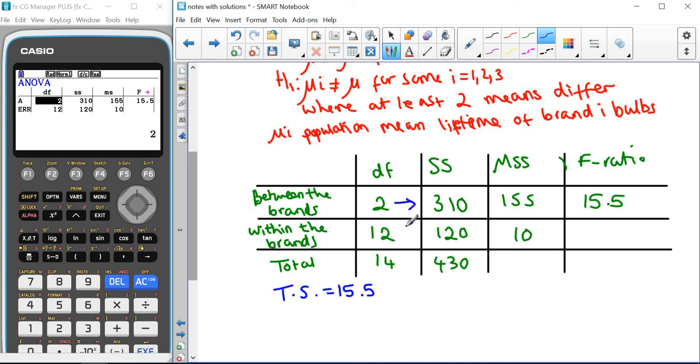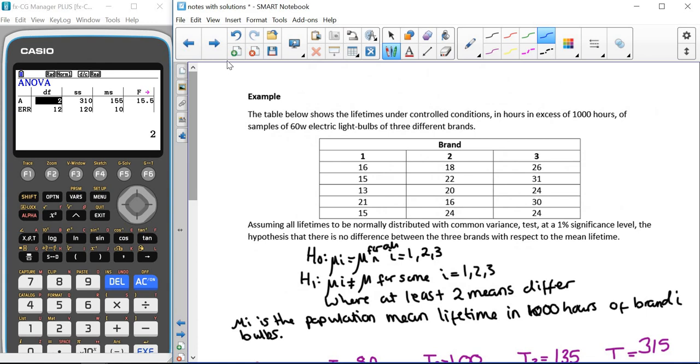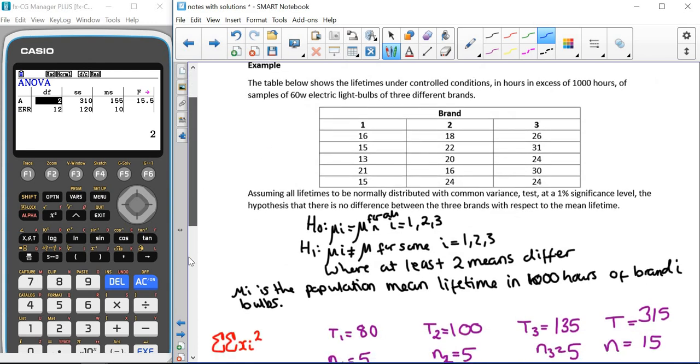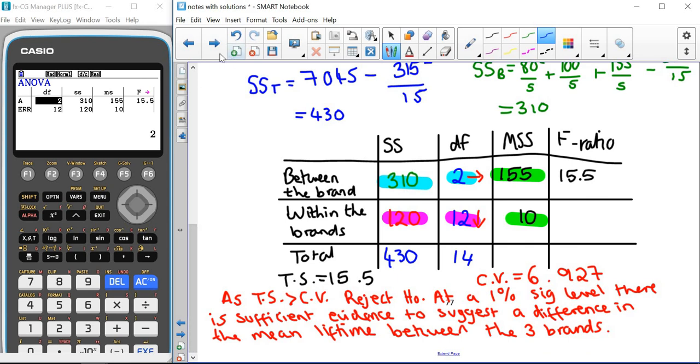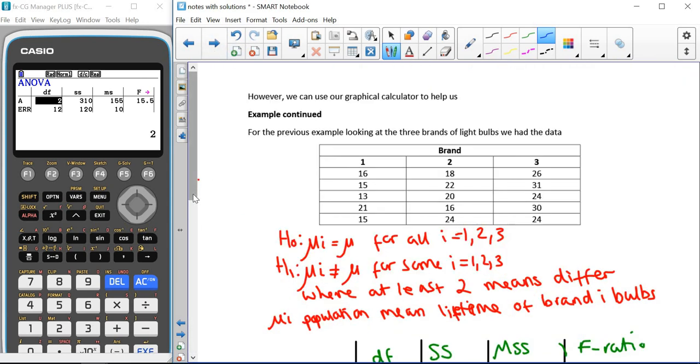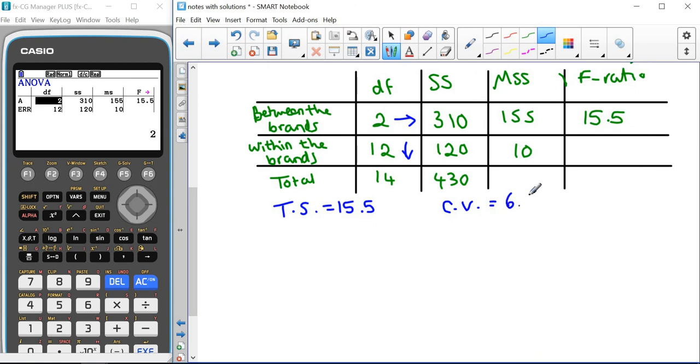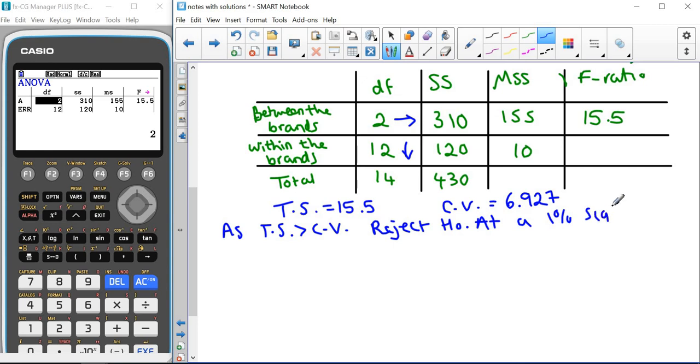Still, we go across by 2 and down by 12, so that gives us the critical value of, same as before, 6.927. And again, as the test statistic is bigger than the critical value, we would reject H0 at a 1% significance level.